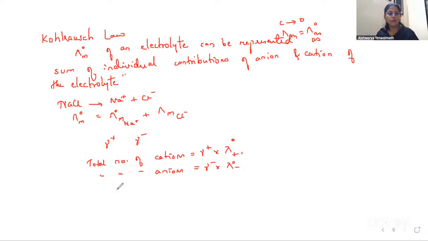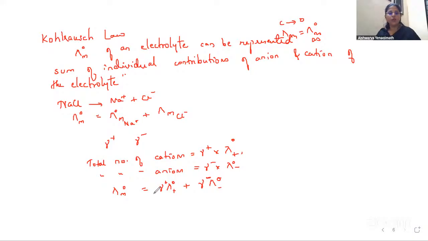The sum of these will be the limiting molar conductivity of the electrolyte, equal to psi plus lambda plus naught plus psi minus lambda minus naught. Don't get confused. If you add the limiting molar conductivities of the ions, you will get the limiting molar conductivity of the electrolyte.